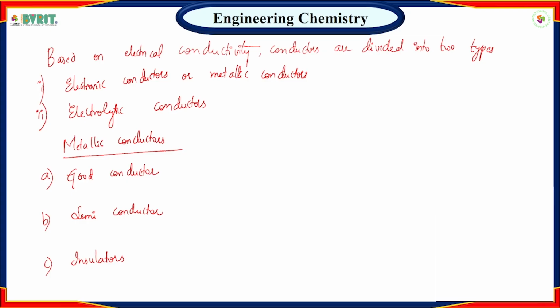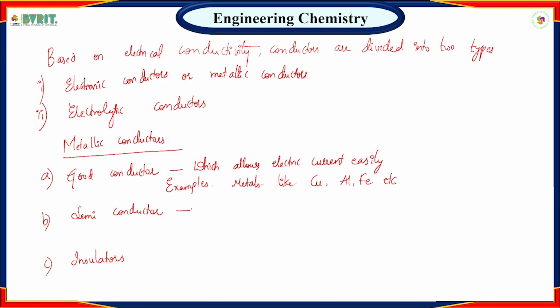So good conductors, here the substance which allows electric current easily. So examples: metals like copper, aluminium, iron, etc.